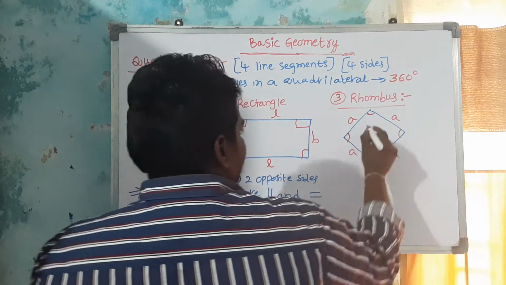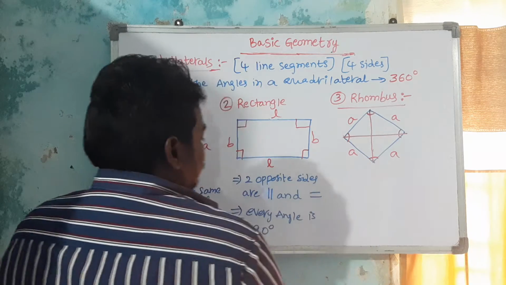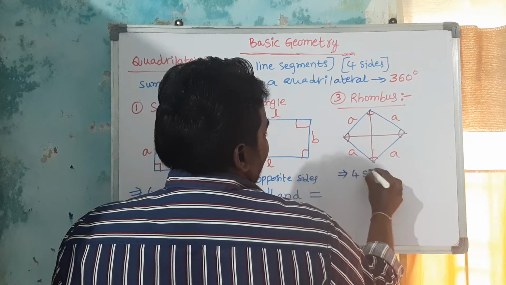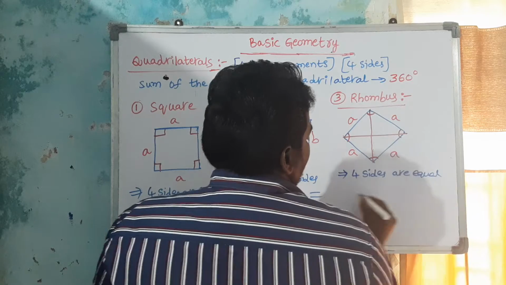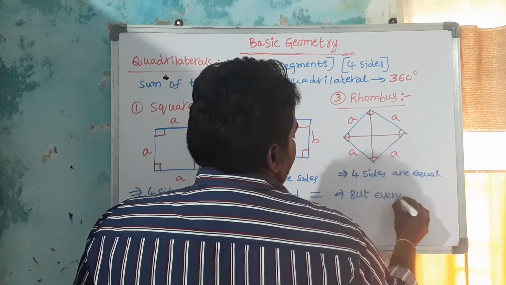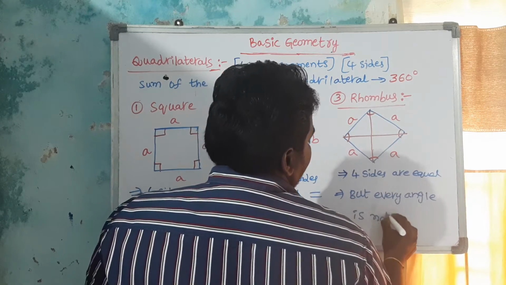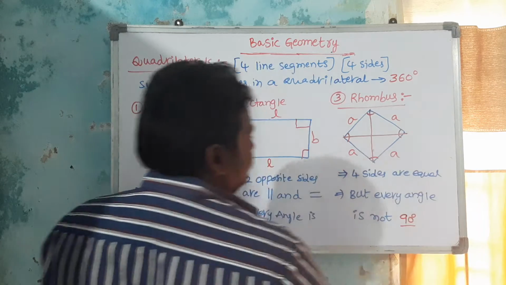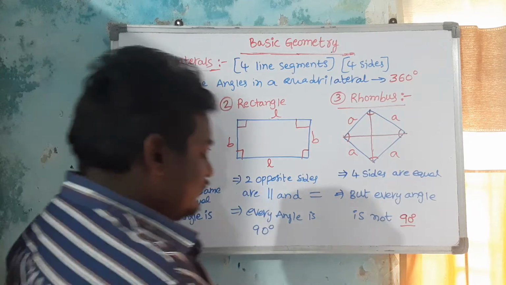Four sides are equal, but every angle is not 90. That is the difference between the square and the rhombus. Square, rectangle, rhombus: that is enough for you.